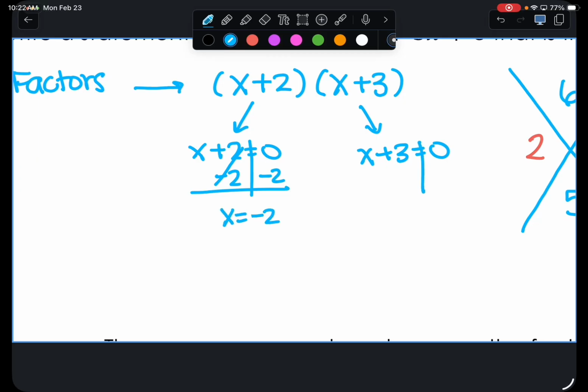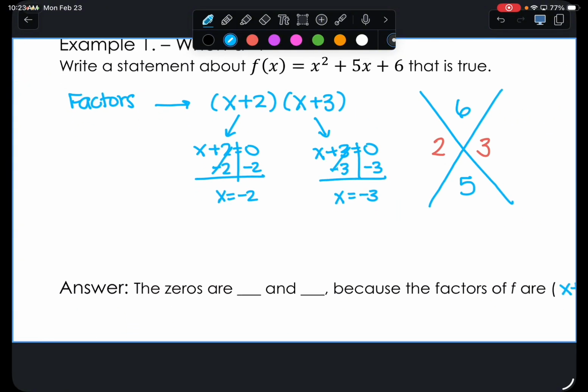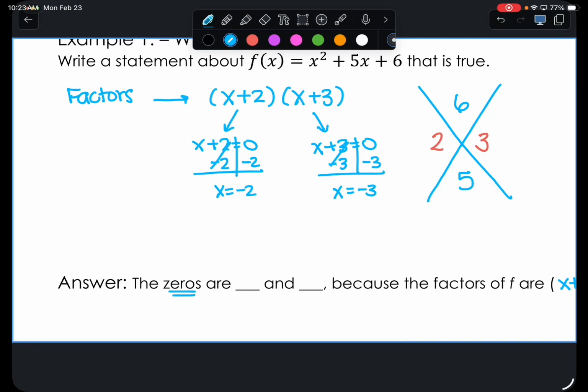Minus 3. So our zeros are -2 and -3. Those are your x-intercepts, your zeros. Okay. Questions? No. It's like we're factoring, but with an extra step.